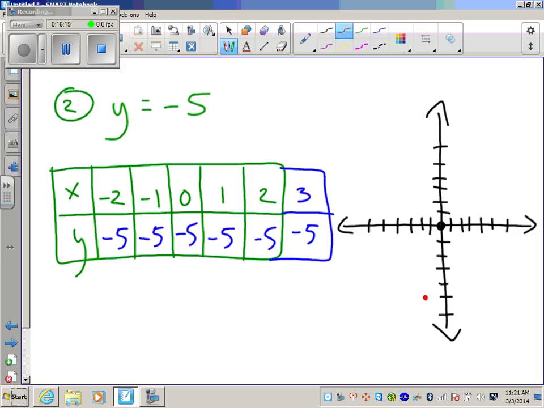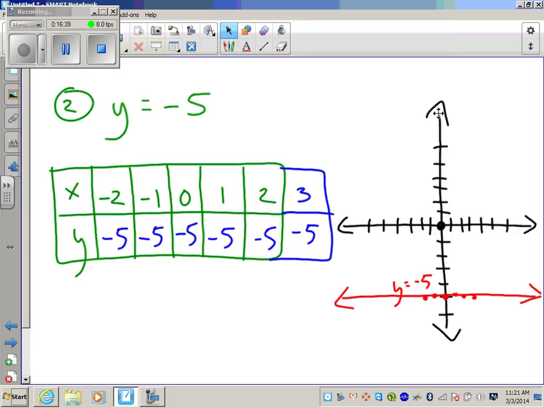My next one, negative 1, negative 5, 0, negative 5, 1, 2, 3. I should have a bunch of dots going in a straight line right at the bottom. I need my arrows. I'm going to label this as y is equal to negative 5.